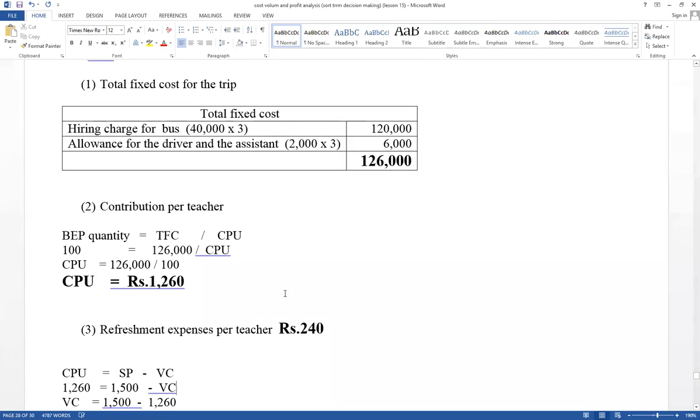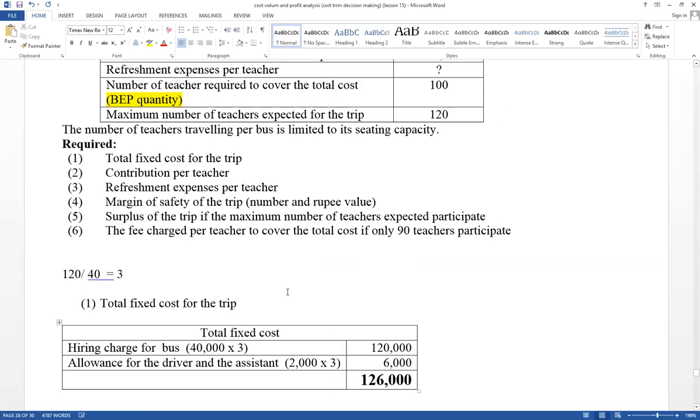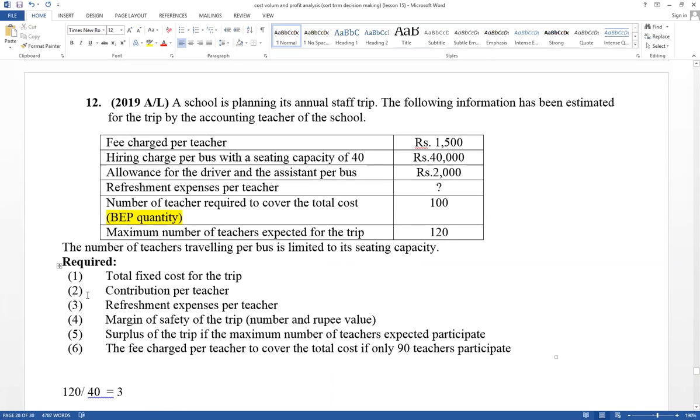Then think about the fourth requirement. First, total fixed cost is calculated. Contribution per teacher is also calculated. Replacement expense per teacher is calculated. Next, the fourth one: margin of safety, quantity and value.